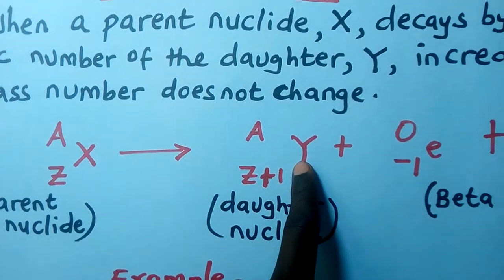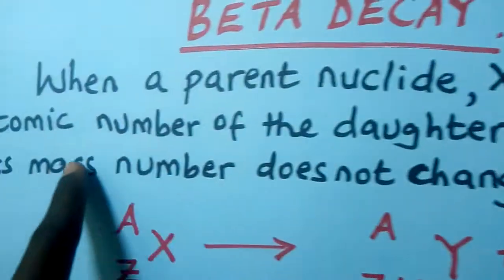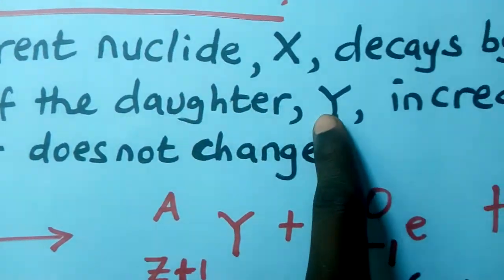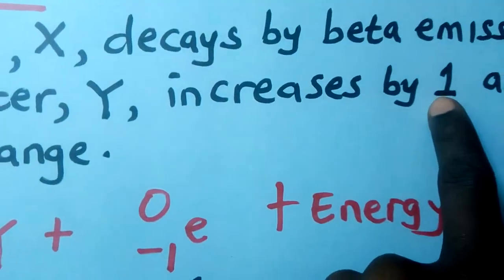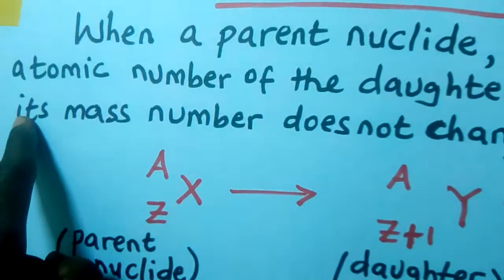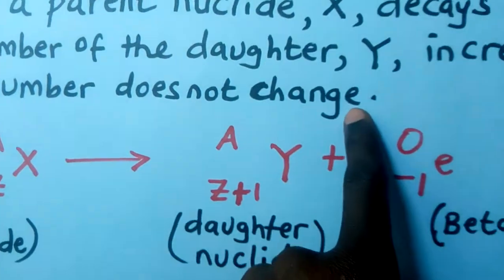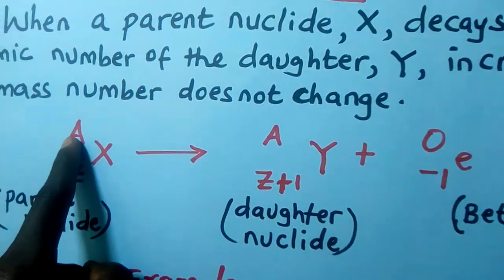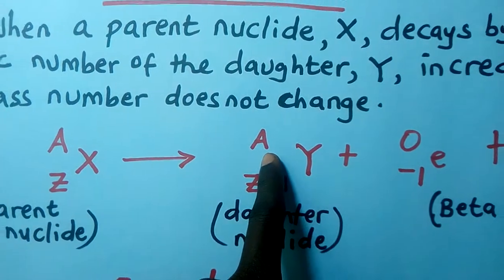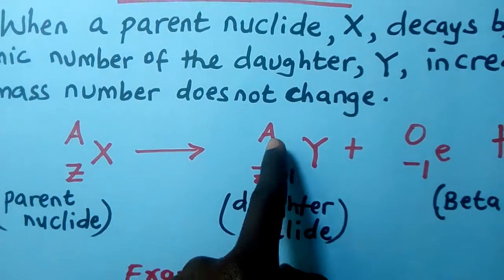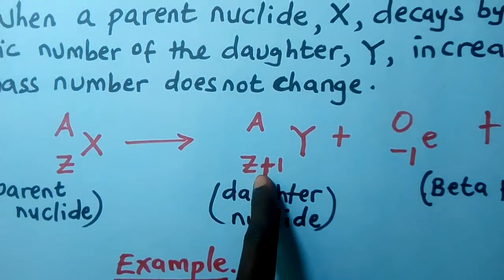We said the atomic number of the daughter, which is Y, increases by 1, and its mass number does not change. So when we say the mass number does not change, it means the mass number for the parent is the same as the mass number for the daughter. If this is 60, this is 60. If this is A, this is also A. But the atomic number increases.